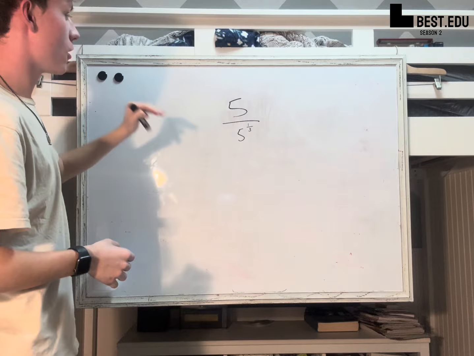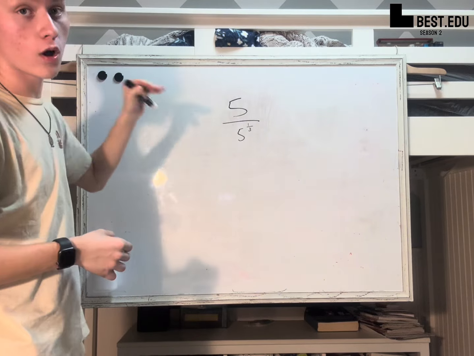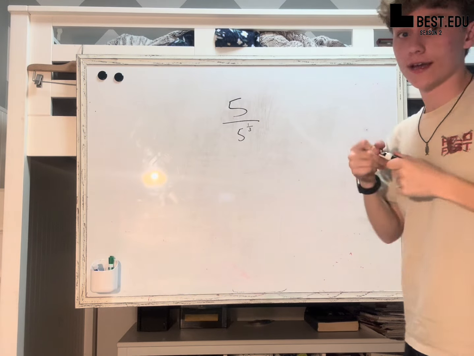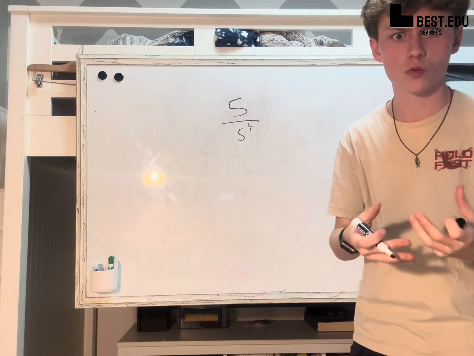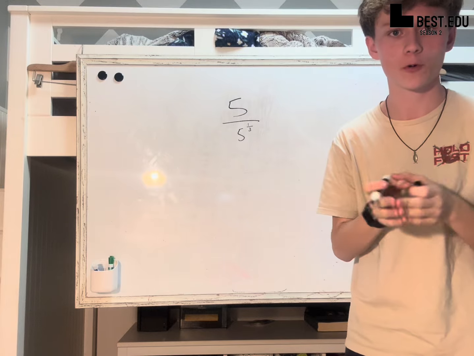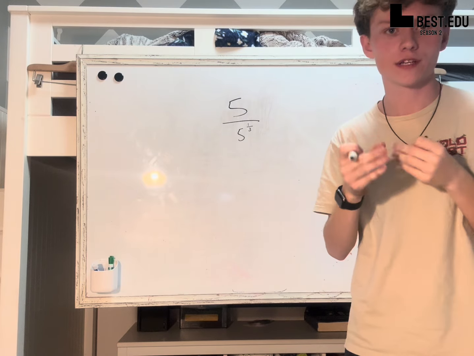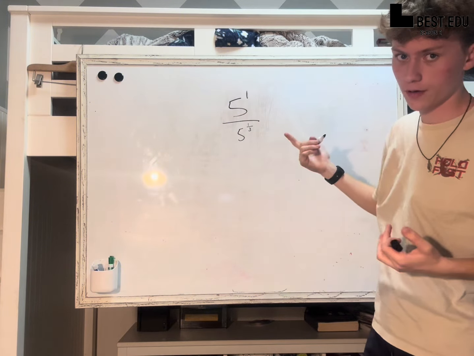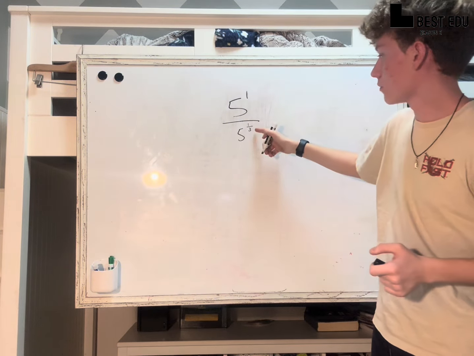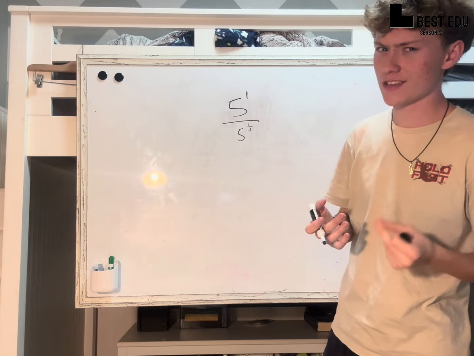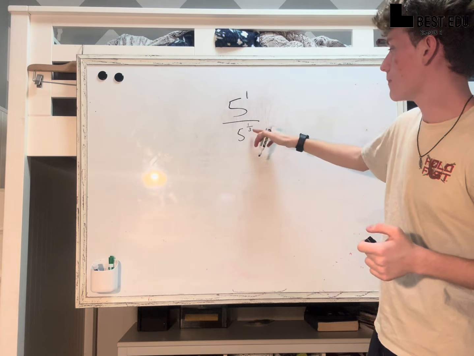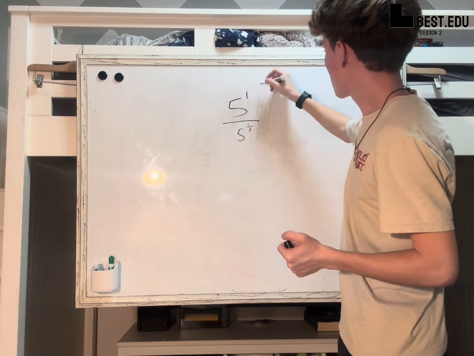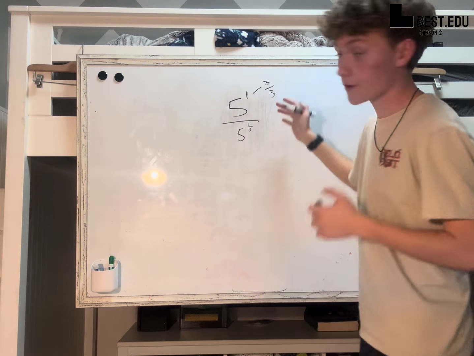So we have 5 over 5 to the power of 1/3, and we need to simplify. Like I said in the last one, which was such a great example because it explains all the different terms and ways that it goes, there's automatically a 1 up here, and we have to match the bottom. So this becomes 3/3, which still equals 1.